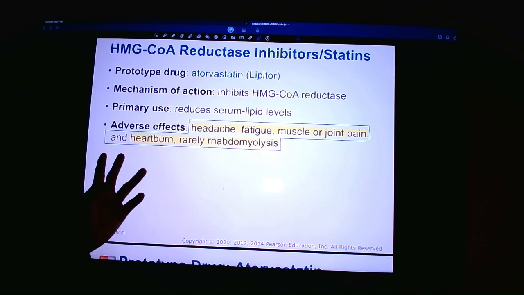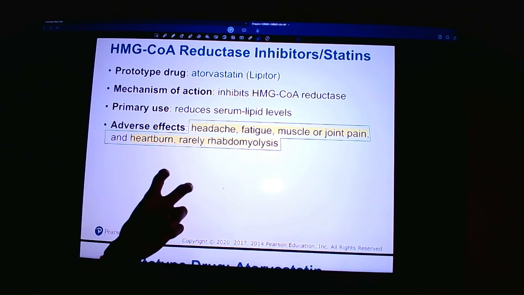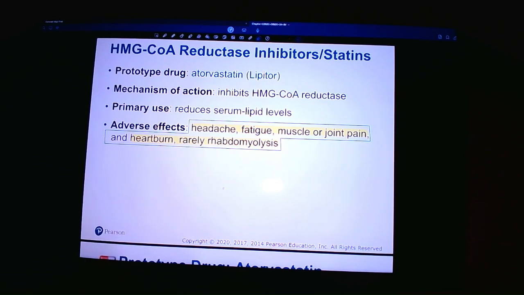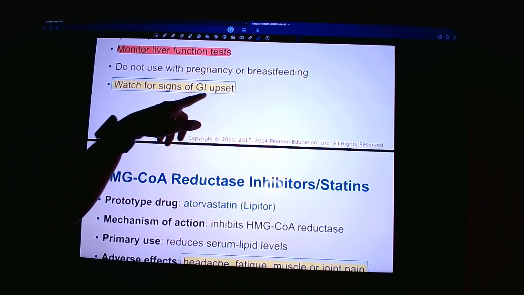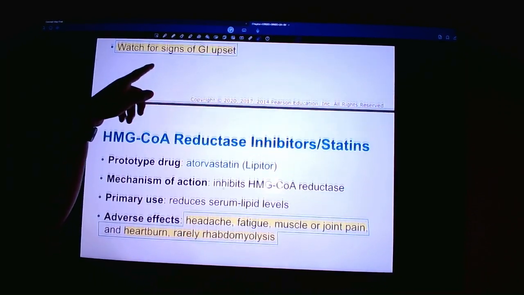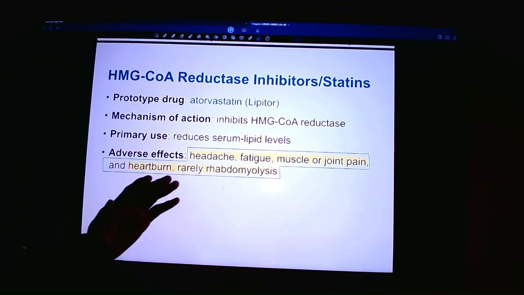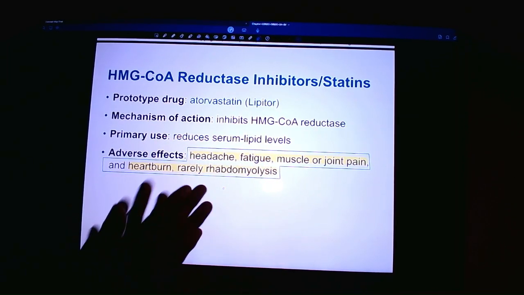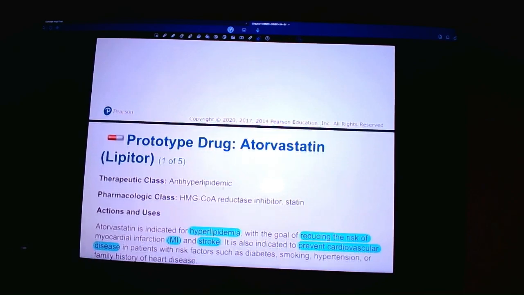Because if we don't process lipids, because the liver is turned off in a way, it's just collecting in the stomach, which will also help with the different GI issues, right? Look at that, GI upset. So the heartburn is a type of GI upset. So never mind, there's our connection, right? Because we're not processing lipid, we're eventually going to defecate it, but it's also going to build up in our small intestine and then in our large intestine, and then we're going to poop it out. So that's more than likely what it's referring to in the heartburn way.